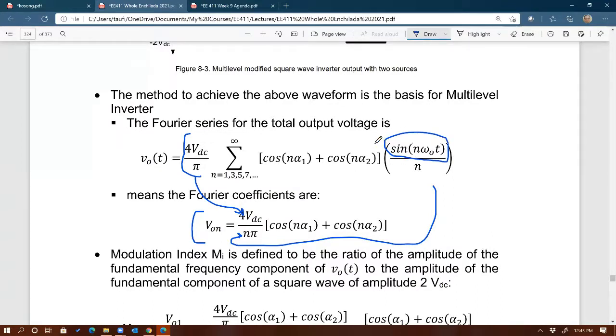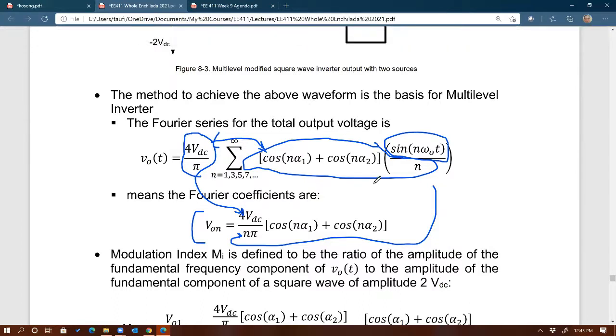Every single sine wave in every harmonic number will have this magnitude: 4 times VDC divided by pi, times cosine of n alpha 1 plus cosine of n alpha 2, divided by n. That gives you the magnitude of each of the sine waves per harmonic number in the Fourier series. Does that make sense?